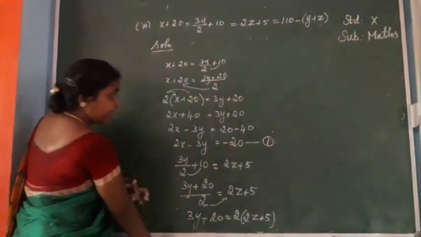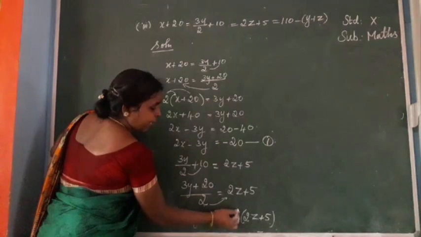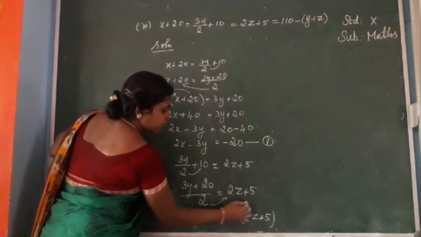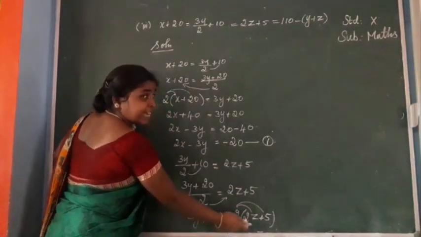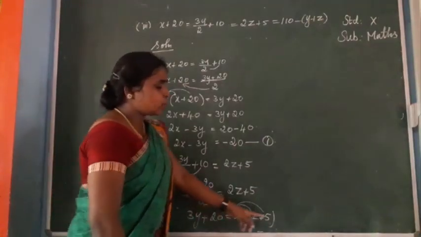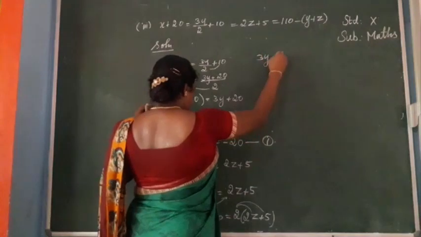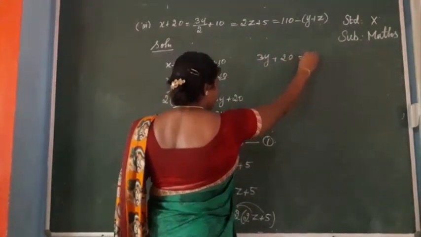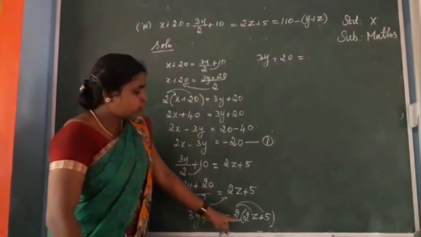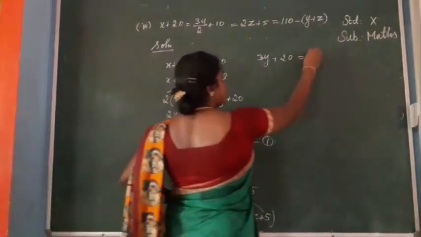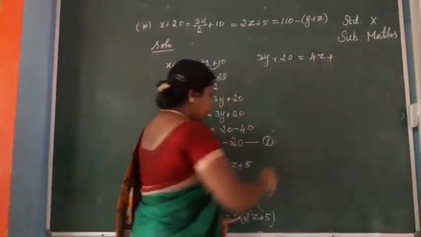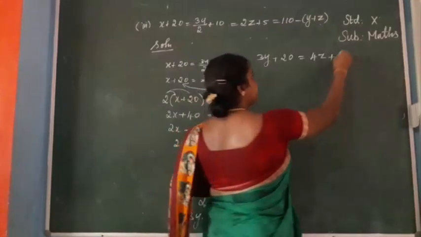Okay, can you multiply this? So you have to remove the bracket, for that you have to multiply by 2. 2 into 2z is 4z, 2 into 5 is 10. Okay, 3y plus 20 equal to 4z plus 10.